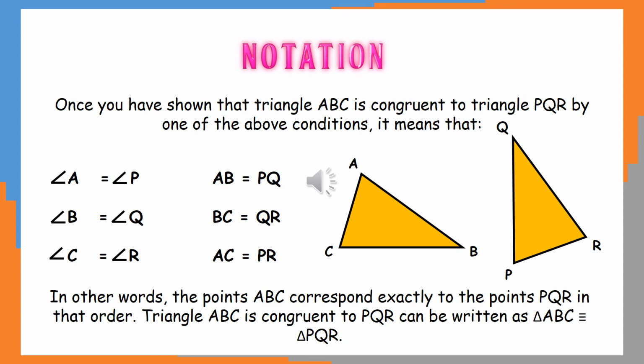So triangle ABC is congruent to triangle PQR can be written as triangle ABC, then the symbol for congruency, equals to triangle PQR.